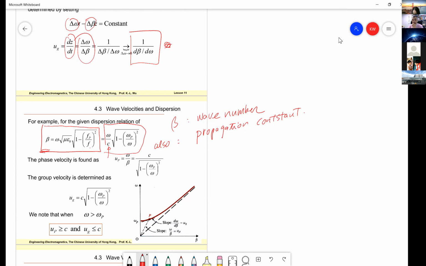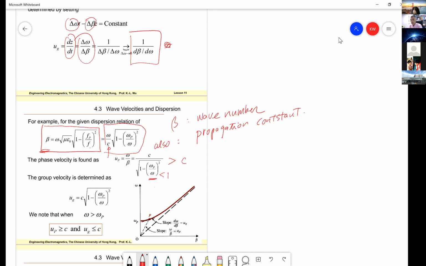In this case, if we look at the phase velocity, according to the discussion we had, that equals omega divided by beta. You can see the phase velocity can be larger than the speed of light, because this number is smaller than 1.